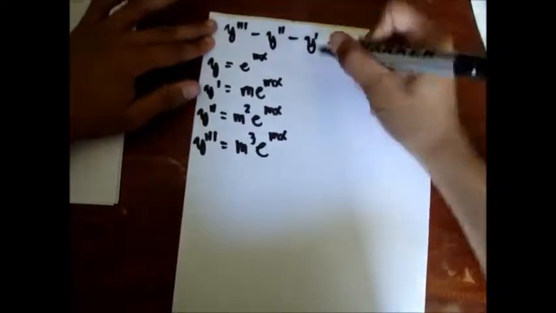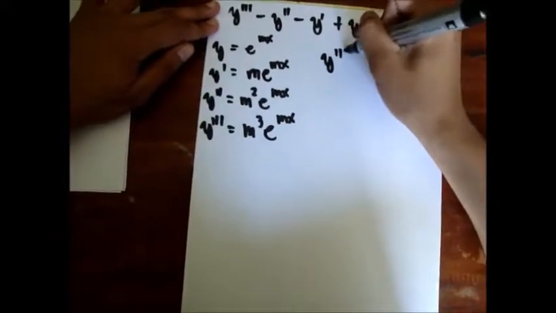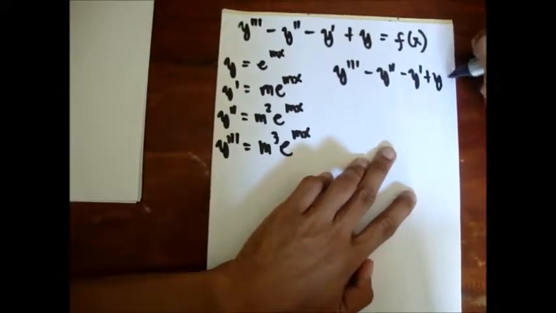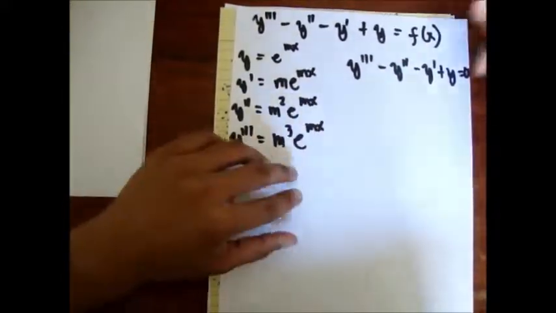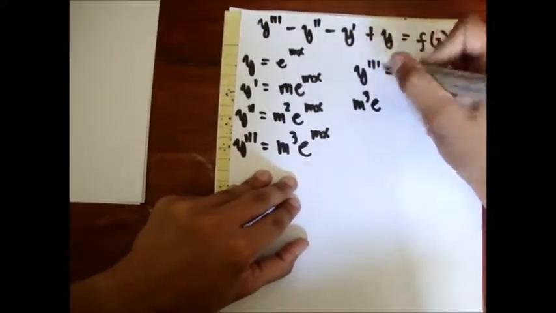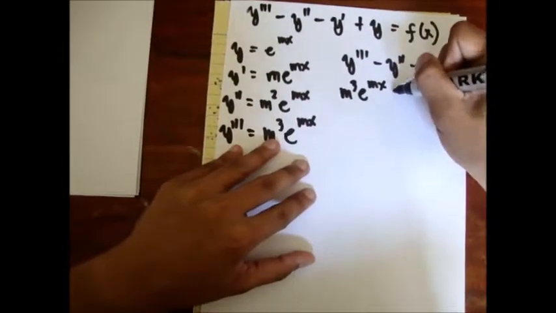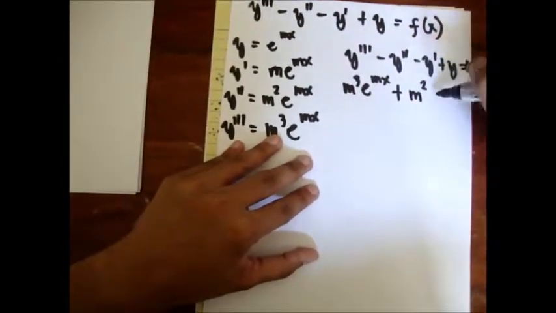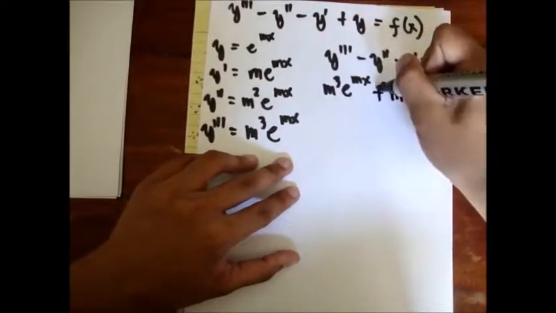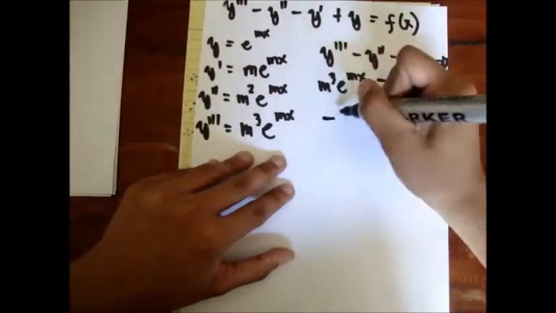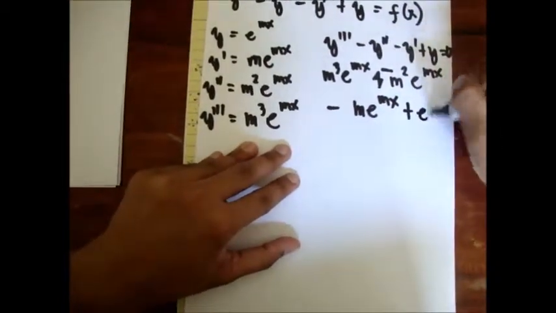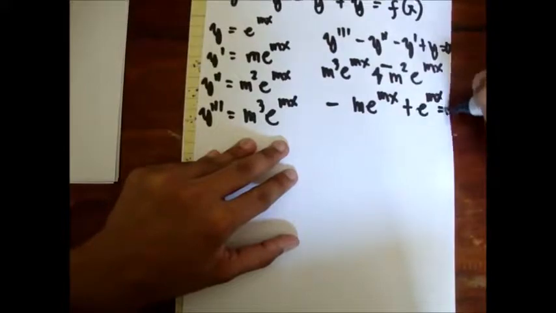Then we'll first equate it to 0. Y triple prime minus y double prime minus y prime plus y equals 0. Then substituting the values, m cubed e^mx minus m squared e^mx minus m e^mx plus e^mx equals 0.